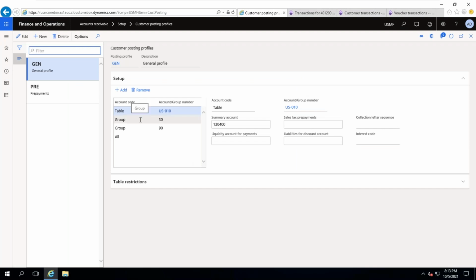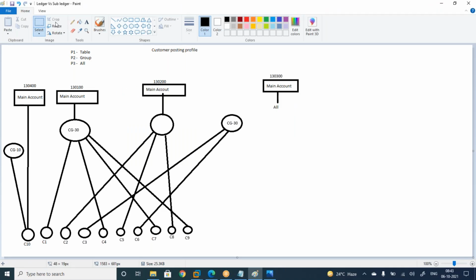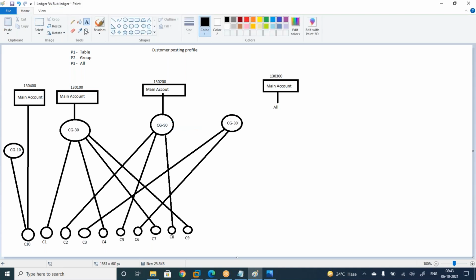We have mapped for 30, 130,100, and 90. Another one is 90. And this is all customer groups.